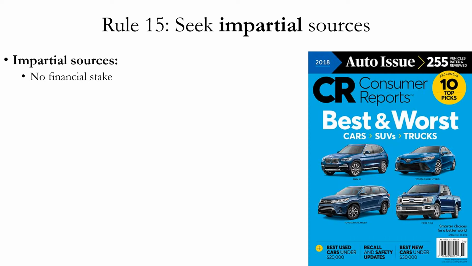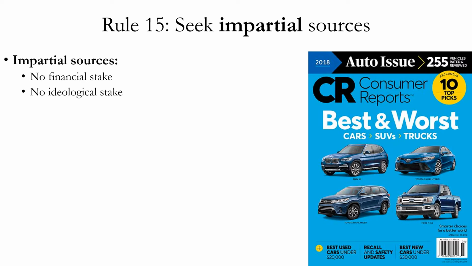So for example, the seller of a product is going to be a partial or biased source. They're not going to be impartial. So if you go to Apple and ask them if they have good cellular phones, they're going to have a huge incentive to say yes because they want to sell them. So advertising by companies and other marketing communication generally does not count as an impartial source.